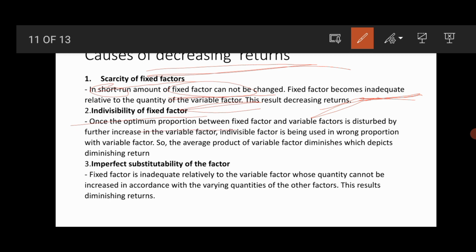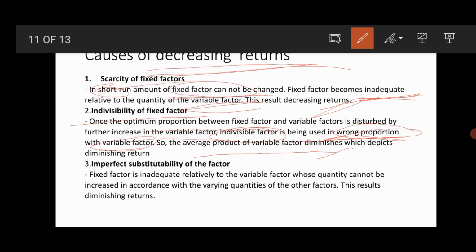Once the optimum proportion between fixed and variable factors is disturbed by further increase in the variable factors, indivisible factors are being used in a wrong proportion with the variable factors. So the average product of the variable factor diminishes.